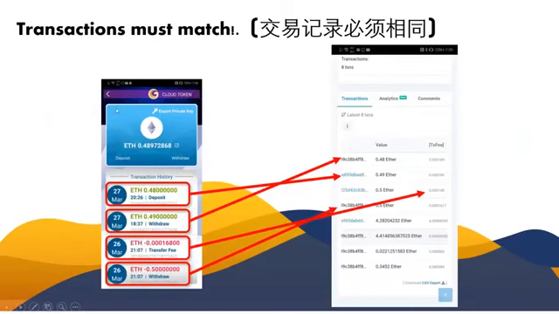The second thing you need to check is that the transactions must match. This clearly shows that we are reading from the chain itself. On the 27th March, I have this 0.48 deposit, so you have this here and 49 here, and we have a gas fee and a withdrawal.